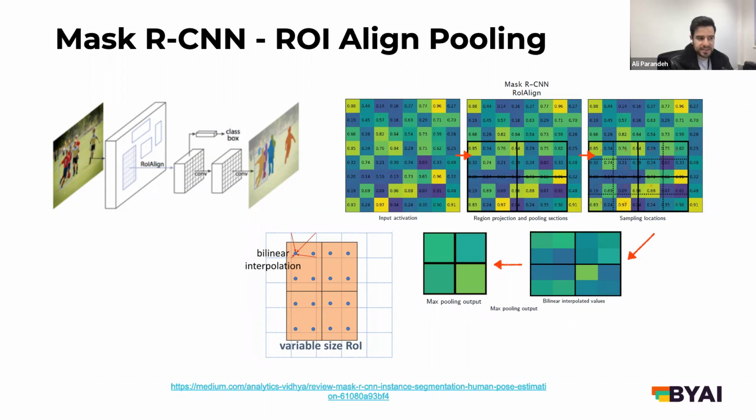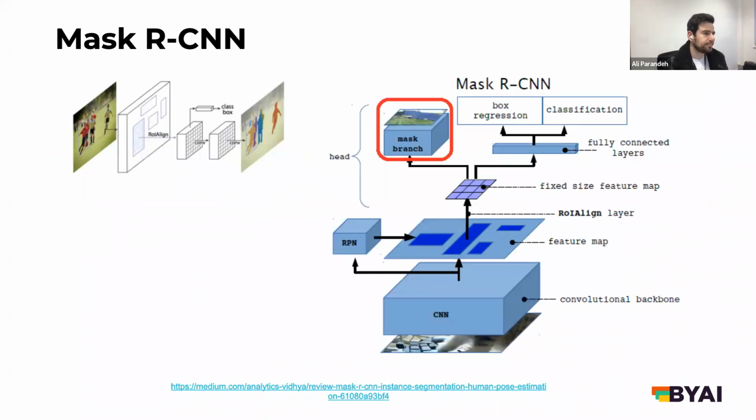When you change the pooling to ROI Align pooling, you preserve the information about the classes of that object, so that when you classify each pixel, you can detect exactly where the objects are and classify them in terms of their actual boundaries instead of just a bounding box.